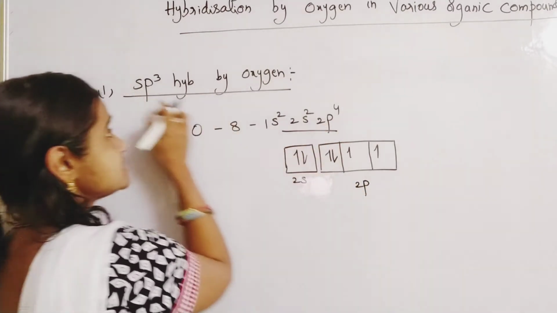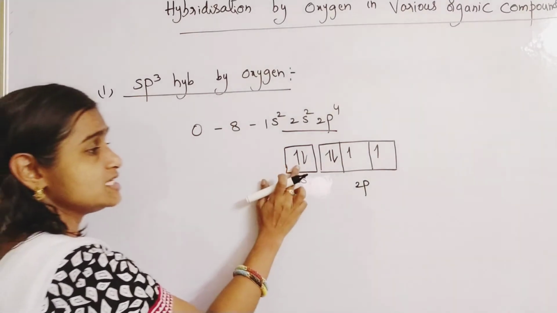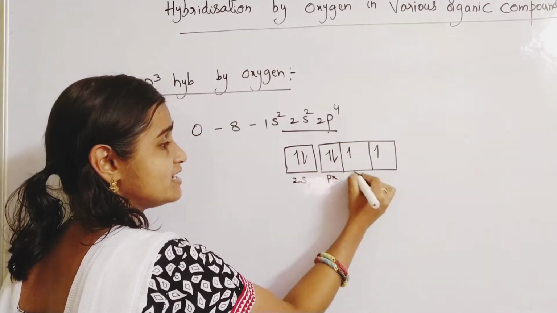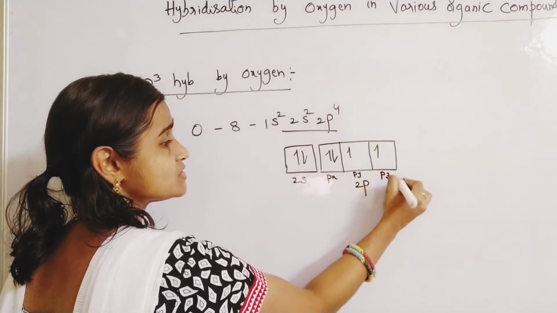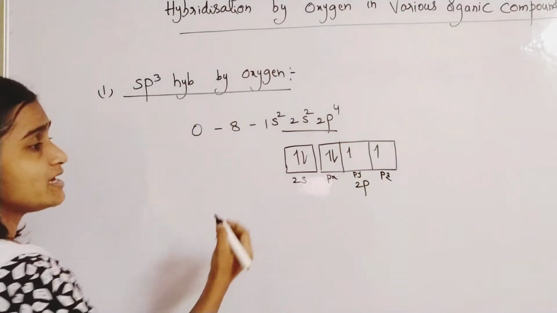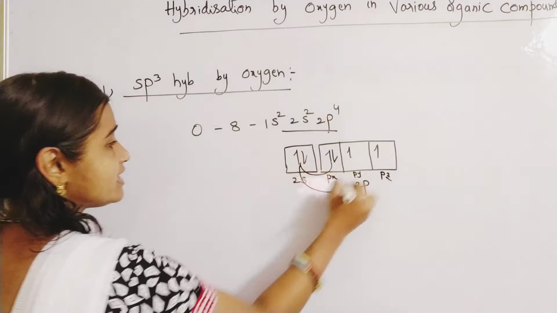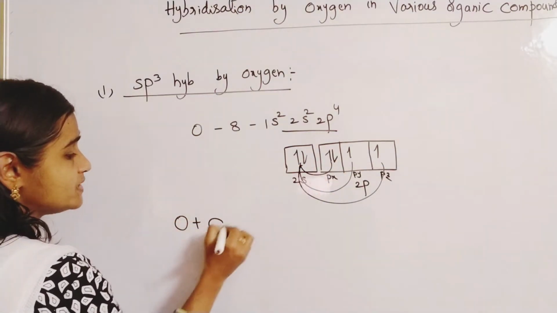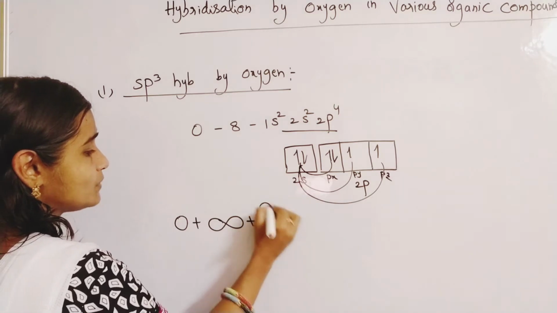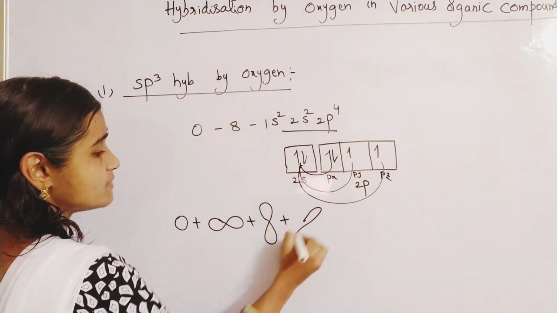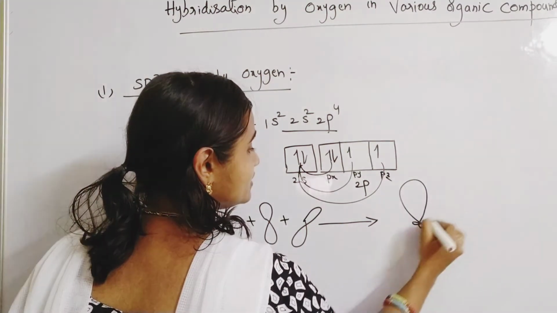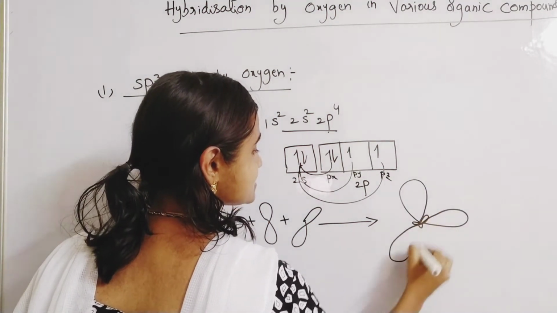Now if it is undergoing sp3 hybridization, this s orbital and the 3 p orbitals, px, py and pz, of oxygen all combine and form 4 sp3 hybrid orbitals of equivalent energies and shapes. So you will get a structure like this.